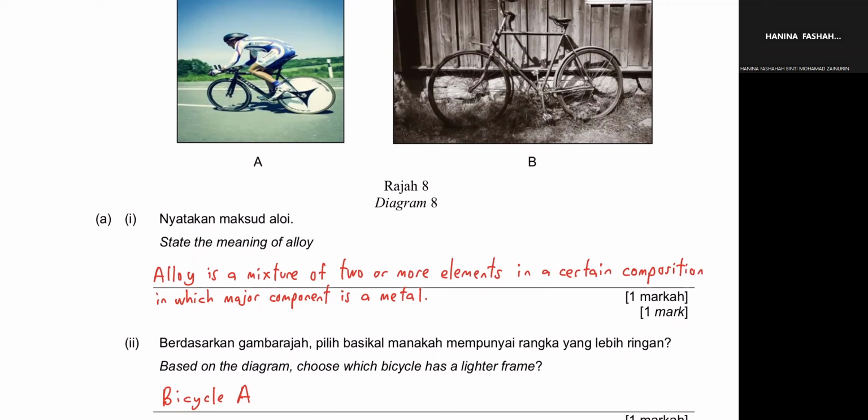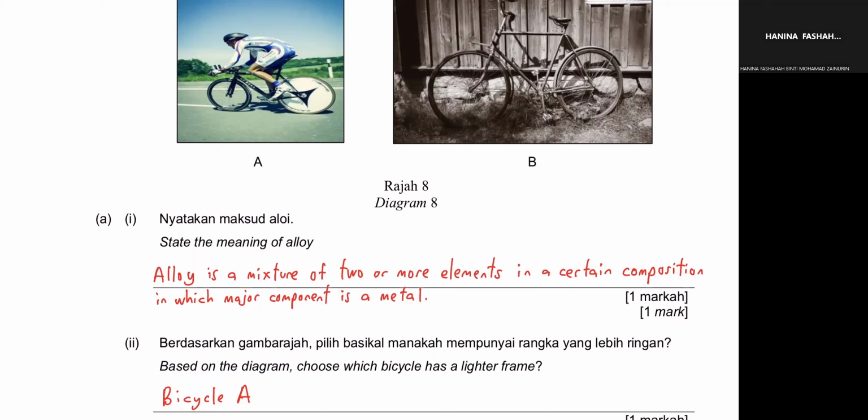It's the same as the body of an aeroplane or train, MRT, LRT. Not brass. No, alloy. Brass is used for musical instruments, your saxophone and all that, or for your key doorknobs. They kind of look like gold, but not gold. That one is brass.